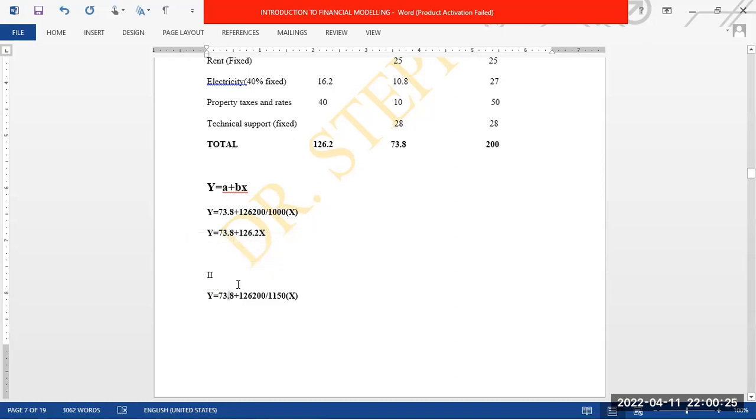So you come down here, you write y is equal to 73.8 plus 126,200 divided by 1150, which is 109.74x.